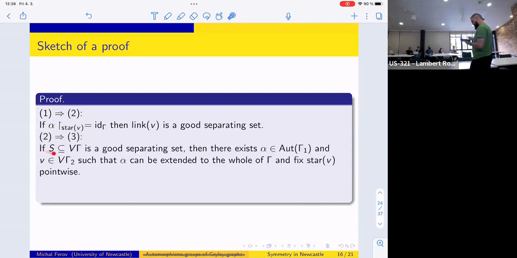Similarly, if I have a good separating set, then I have some alpha that moves around those two potatoes on the top, or three. Then I can pick some vertex in the bottom potato, and clearly its link must be included in the whole bottom potato. So it's the same thing.